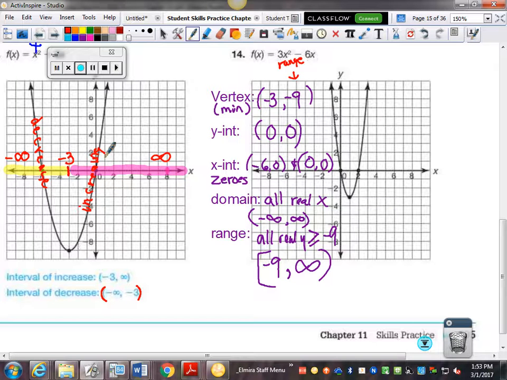So that's why my interval is -3 to positive infinity. And again, both of those get round parentheses. So for 13 through the end of 11.3, you're doing the interval of increase and decrease as I've just demonstrated, but you're also finding these other things that you can easily see on the graph.